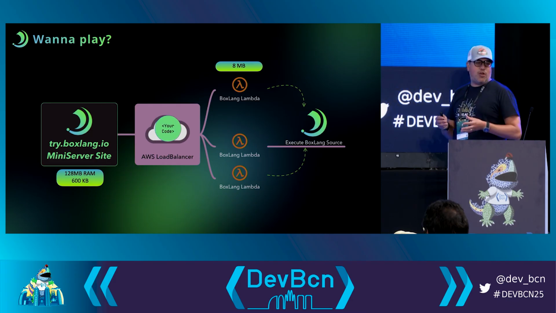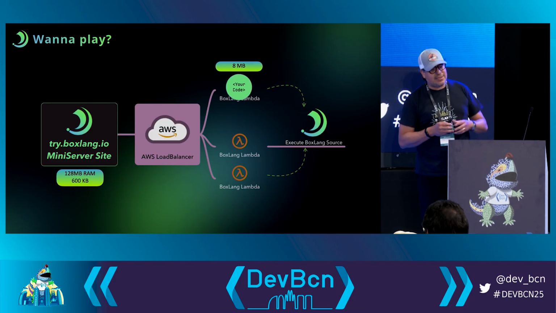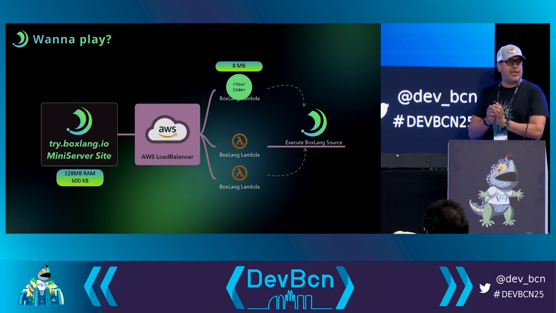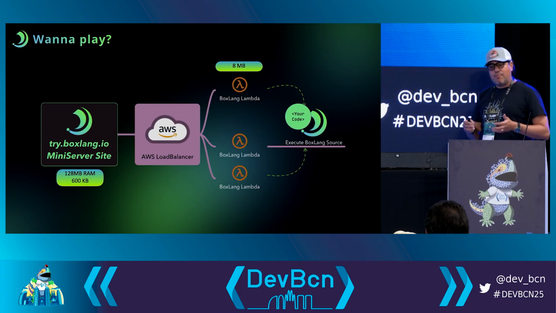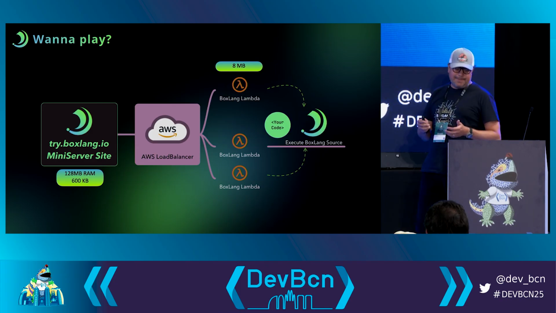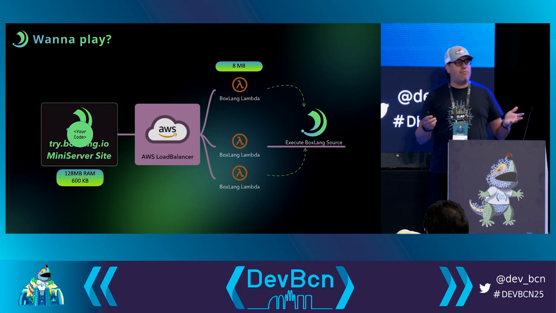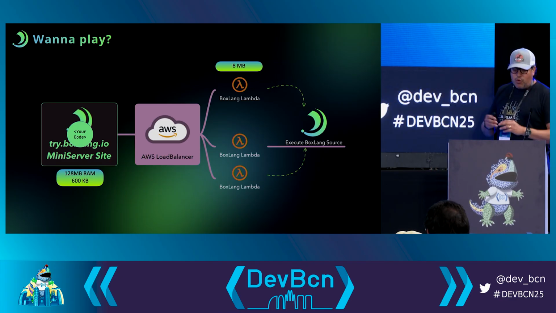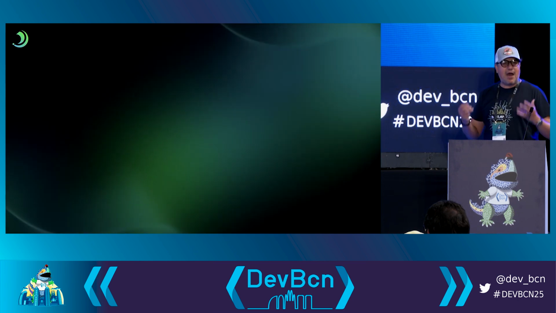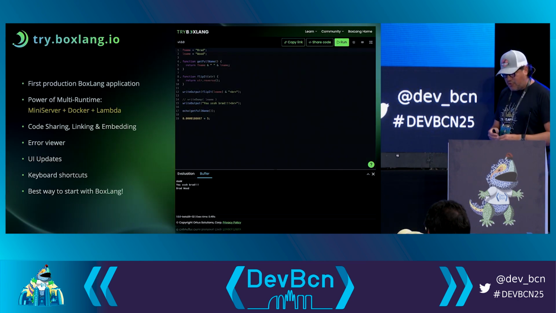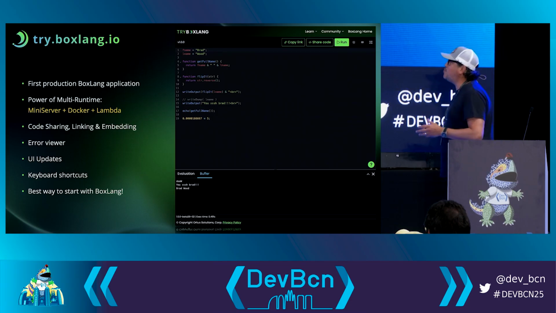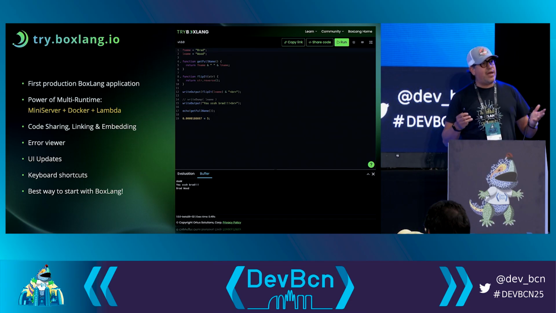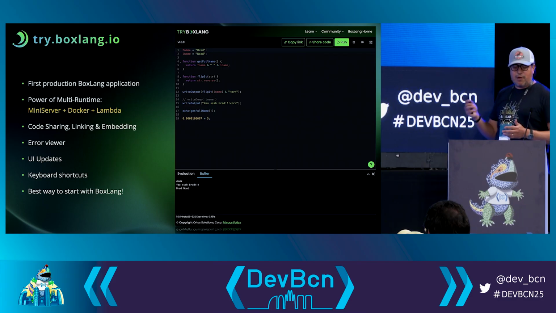Then we can send that code into AWS in this case, have a Lambda execute that code in a very isolated BoxLang runtime, process it, and then send the results back. So with the team, we actually sat down, and in one afternoon, we had built both runtimes. So this was a true testament of how multi-runtime actually can affect your development. So it was our first production application that we launched a year and a half ago, powered by 3 of those runtimes, mini server, Docker, and Lambda.